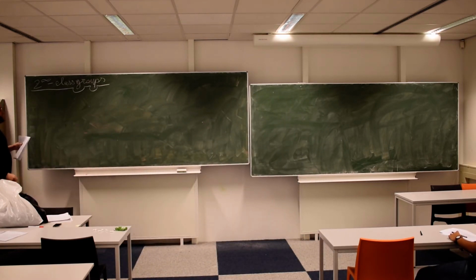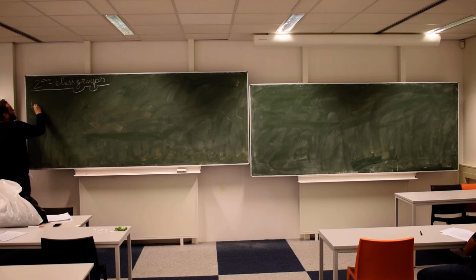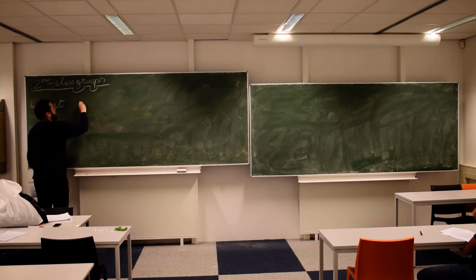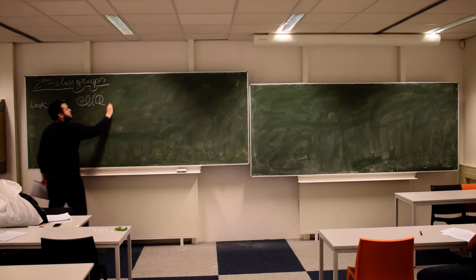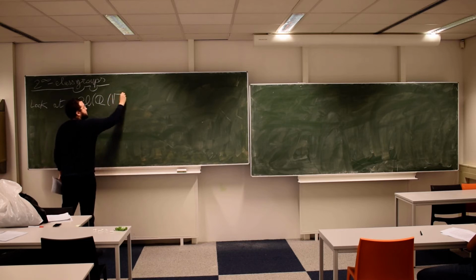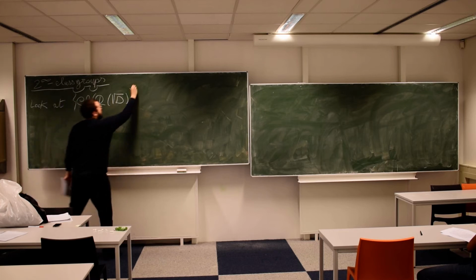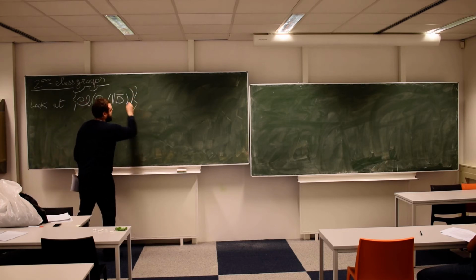The general kind of problem that we are looking at is this: we are interested in this family of objects. Say D is a fundamental discriminant that is negative.